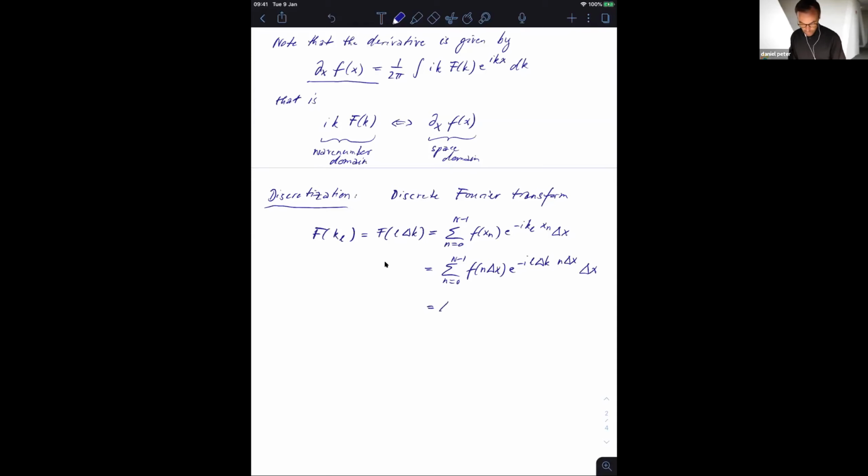And if you want, let's take that delta x in front of the sum. And we have the sum from 0 to N minus 1 of our function evaluated at the grid points times the exponential function minus i 2 pi n l over capital N. That would be the discrete Fourier transform.